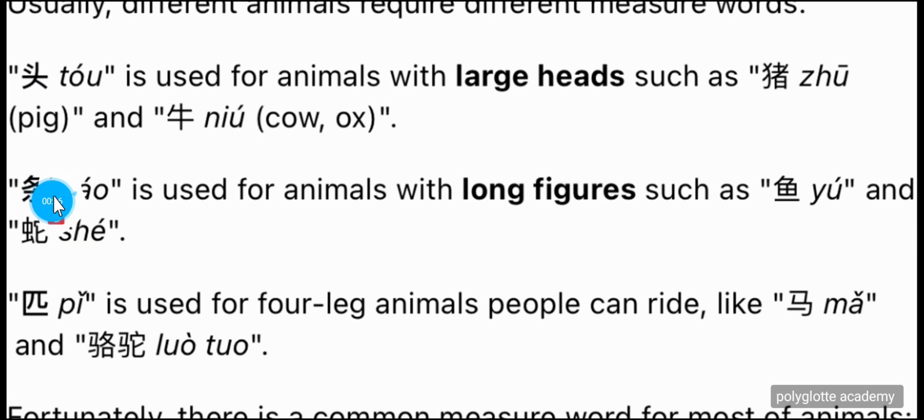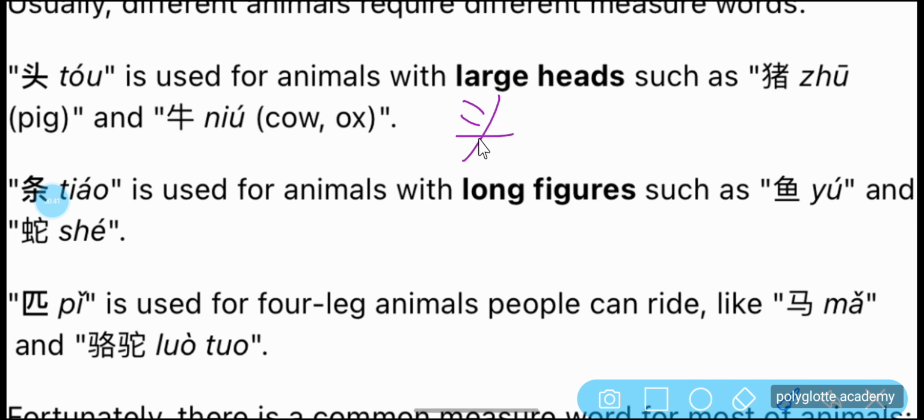This measure word, tou, is used for animals with large heads, such as zhu, which is pig, and niu, which is a cow or ox.